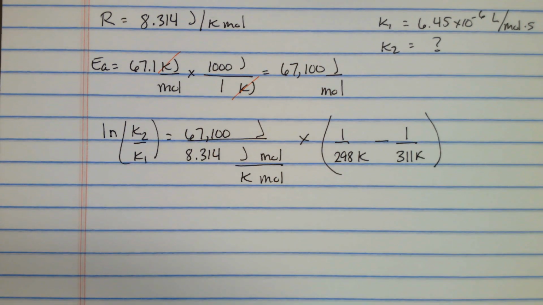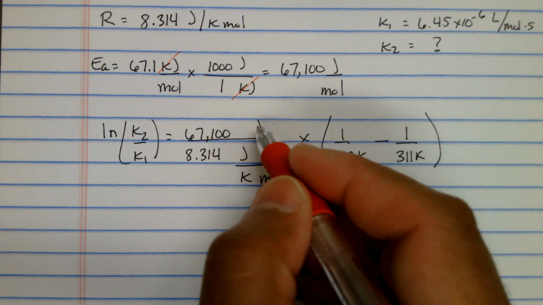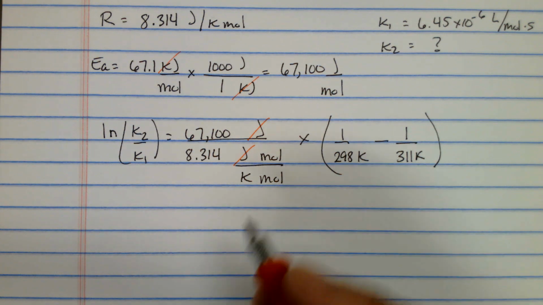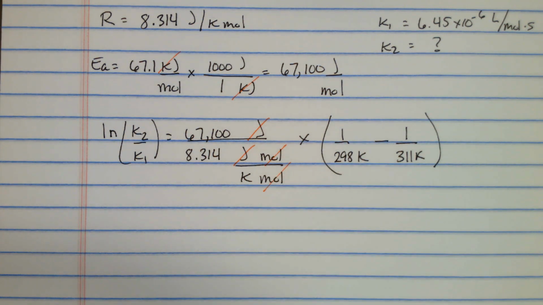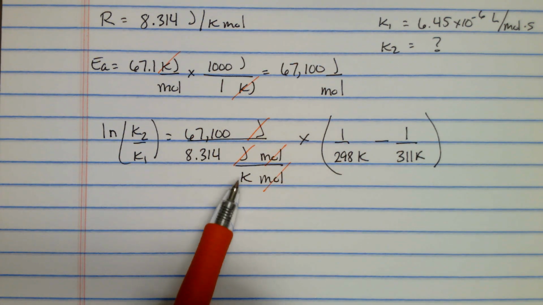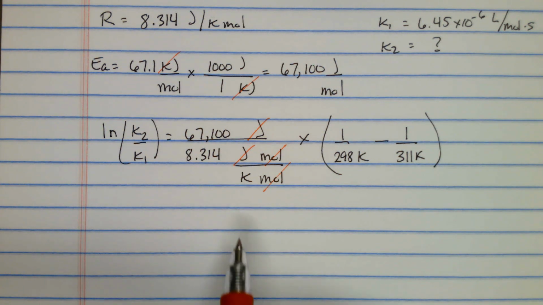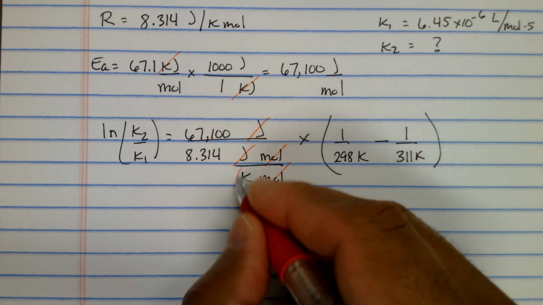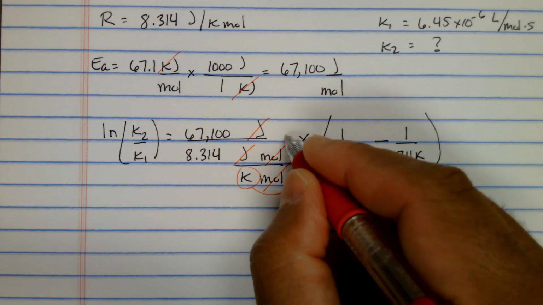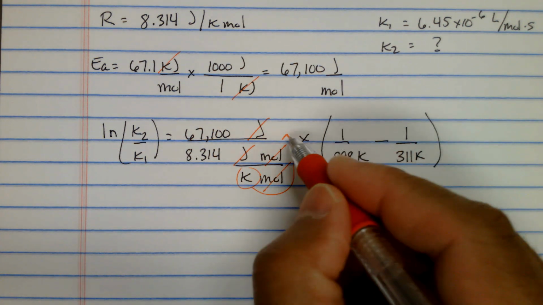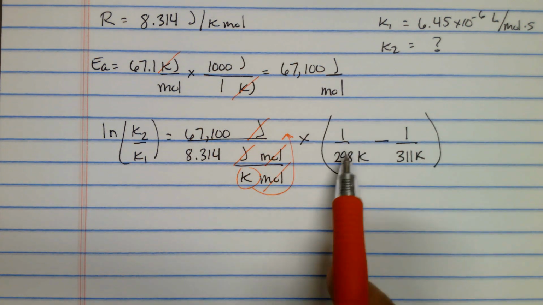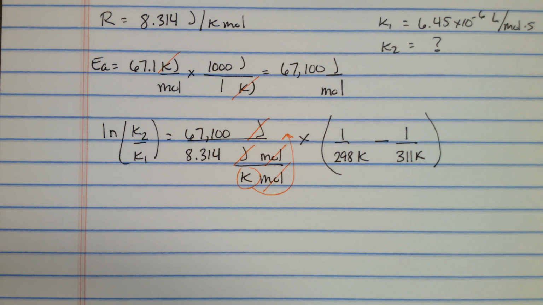So this is what we have so far. I'll check the units. You'll notice the joules cancel here, the mole over mole cancels here. We have Kelvin in the denominator of a denominator, and by rule, this unit will come up to the top, which makes sense because we're going to multiply that by inverse Kelvin.